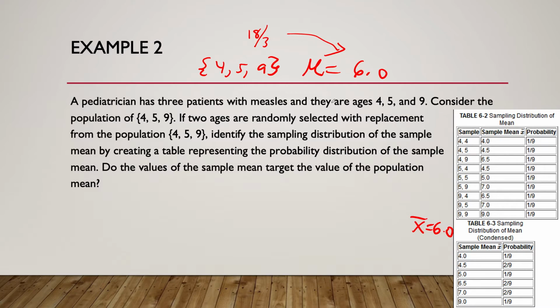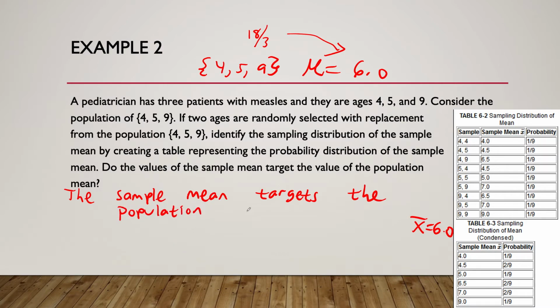So, because of this, the sample mean targets the population mean. And because of that, these two means are the same.